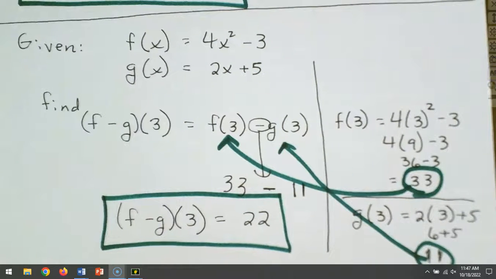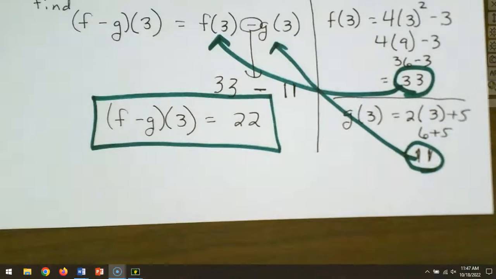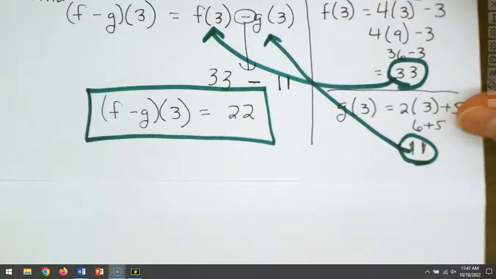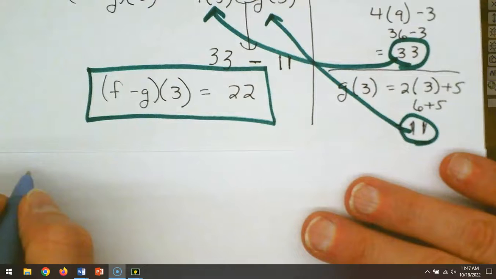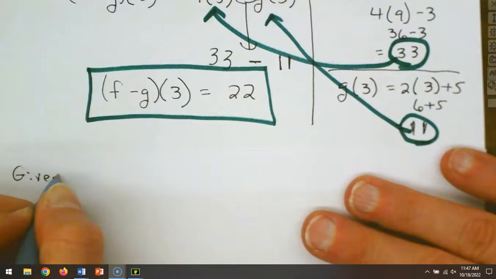So are we okay with that so far? Right? Plug it in. Now, number went in, number came out. Let's do multiplication. So let's try a multiplication one, and then we'll look at composition.